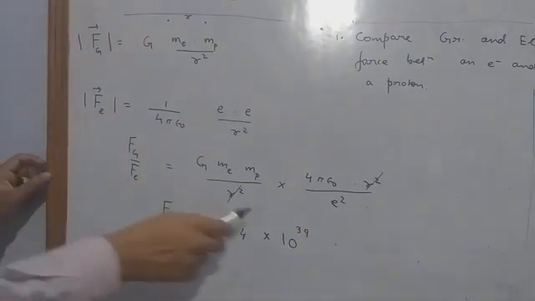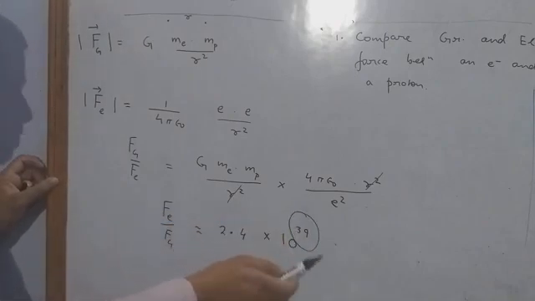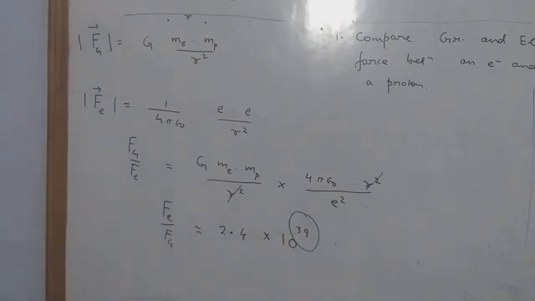Now see this value, students, see the power 10 to the power 39. This is indeed a very large value. What does this indicate? This indicates that the electrostatic force Fe is quite large compared to the gravitational force.